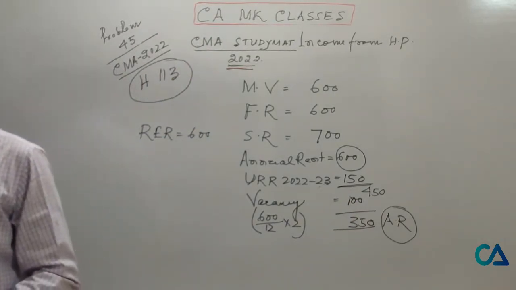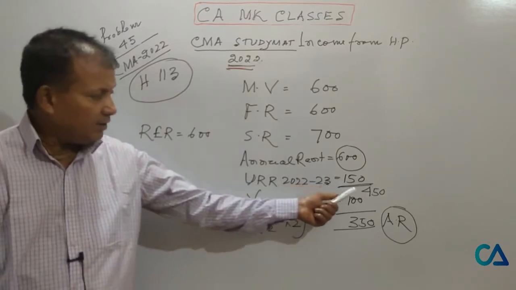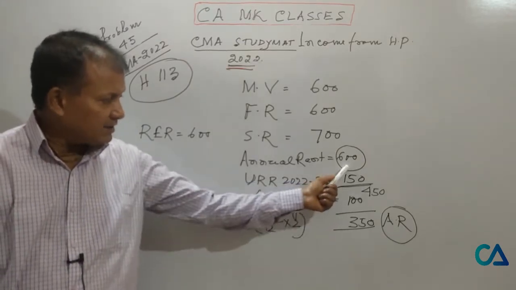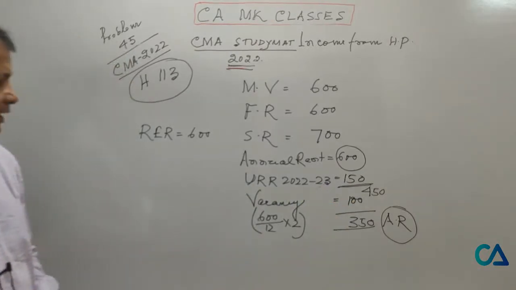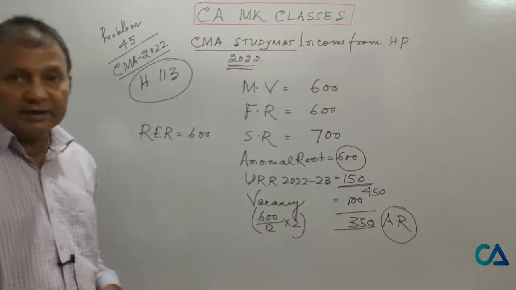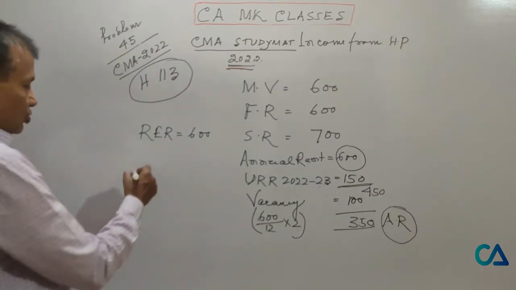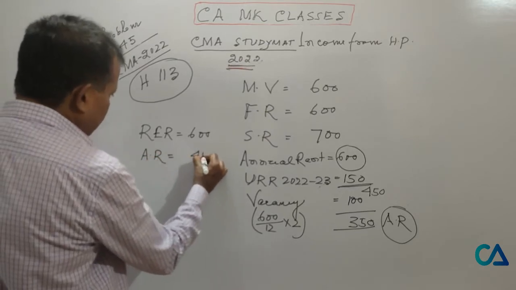So if you compare this 450, the annual rent was 600, unrealized rent is 150, so actual rent is 450.